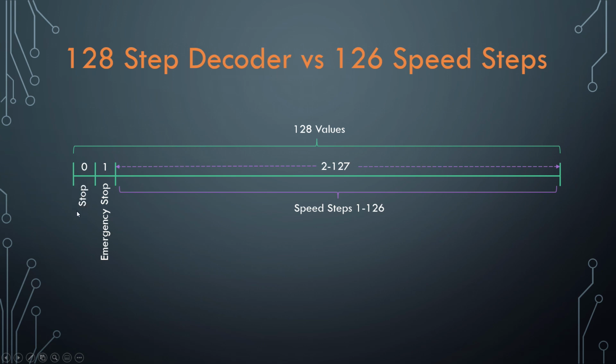Now stop means a normal stop including any inertia control, and the value of 1 means an emergency stop. So that means an immediate stop without any inertia, which leaves 126 values which are used as the speed steps. And from iTrain's point of view, these are the only values that it can change.